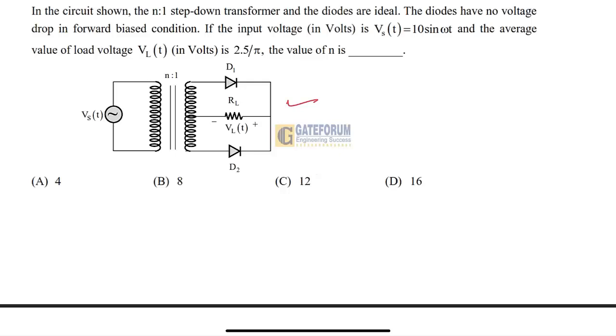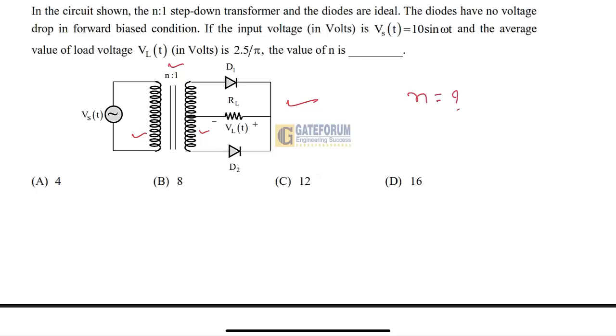This is the question asked in GATE EC 2024, taken from the analog circuit subject. Now if you observe this circuit, it is a center tap full wave rectifier circuit, which I have to analyze first. This side is called the primary coil and this side is called the secondary coil, and the number of turns is given as N to 1, in which we have to find this N value.